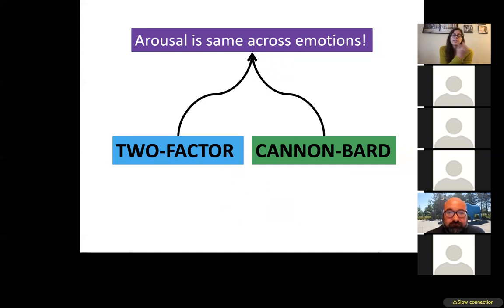And arousal is the same across emotions, meaning the physiological arousal is the same across emotions for the two-factor theory and the Cannon-Bard theory. So remember, the problem with the James Lange theory is that multiple emotions can lead to the same physiological responses, and these two theories say, yeah, but that's fine. We'll come up with a different way to explain what's happening. So that can get kind of confusing.